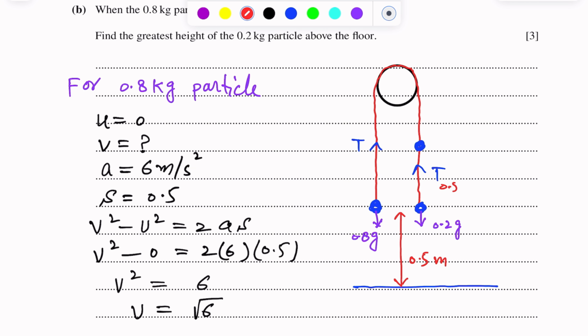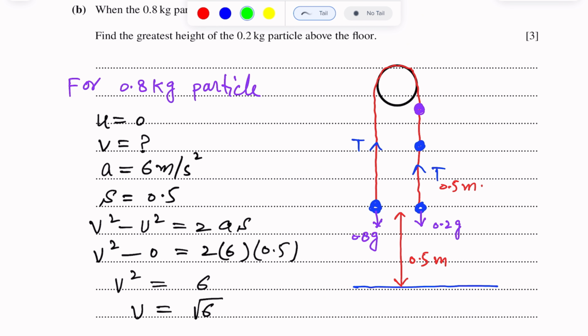The 0.8 kg particle reaches the floor and comes to rest. But this particle comes here and continues its motion, and due to gravity it comes to rest at this point.